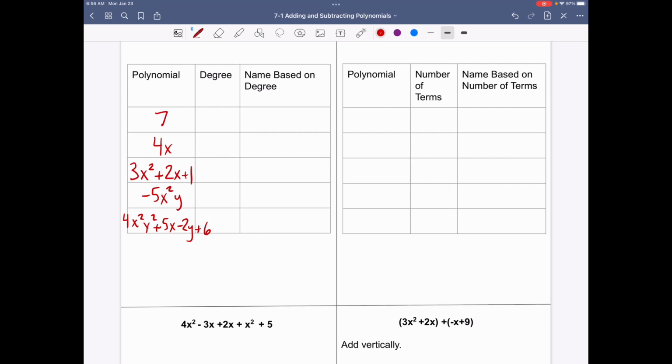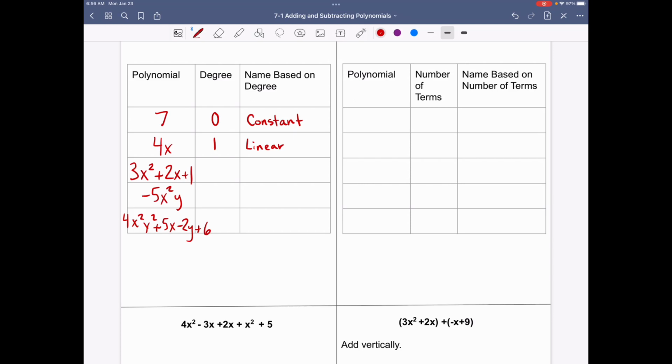Okay, so the degree is talking about the exponents, and the first one does not have an exponent, so that's degree 0. It's a constant. The next one has a degree of 1, and it is considered linear. If we were to graph this, it would make a line because it has one variable.